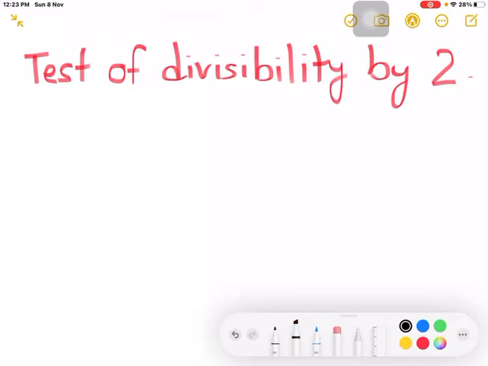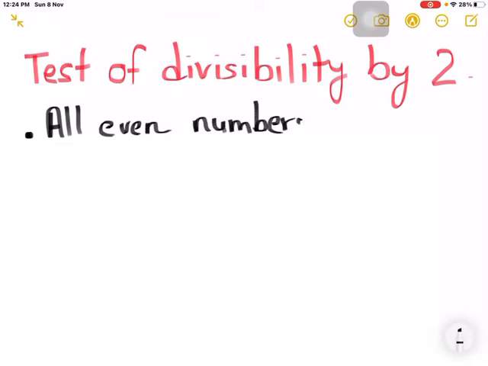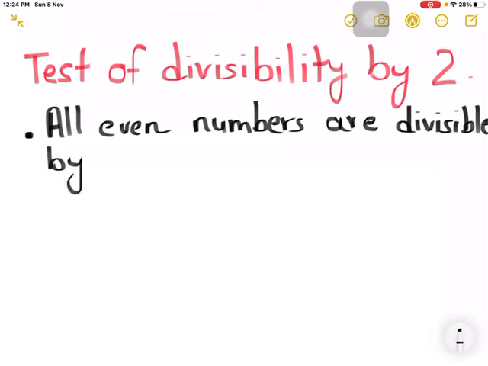At first, all even numbers are divisible by 2.